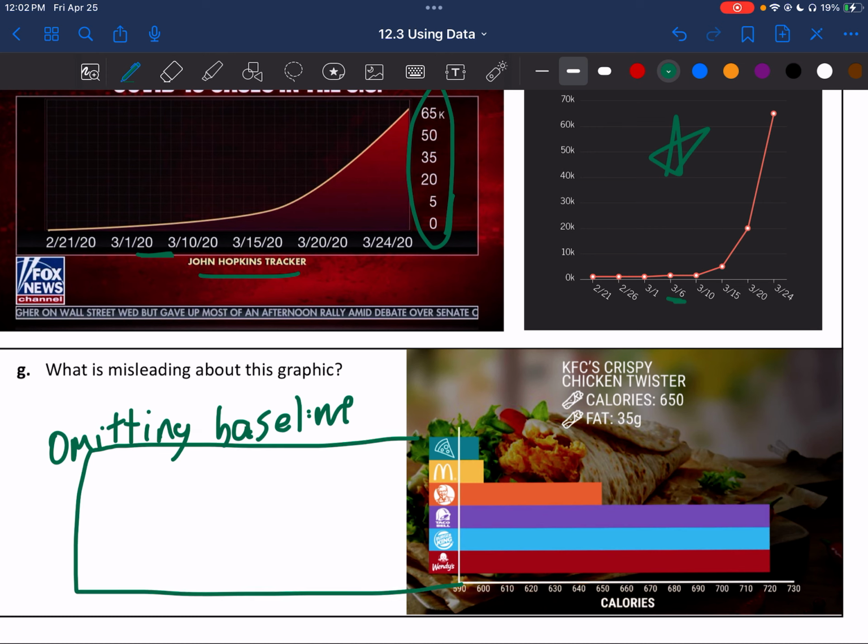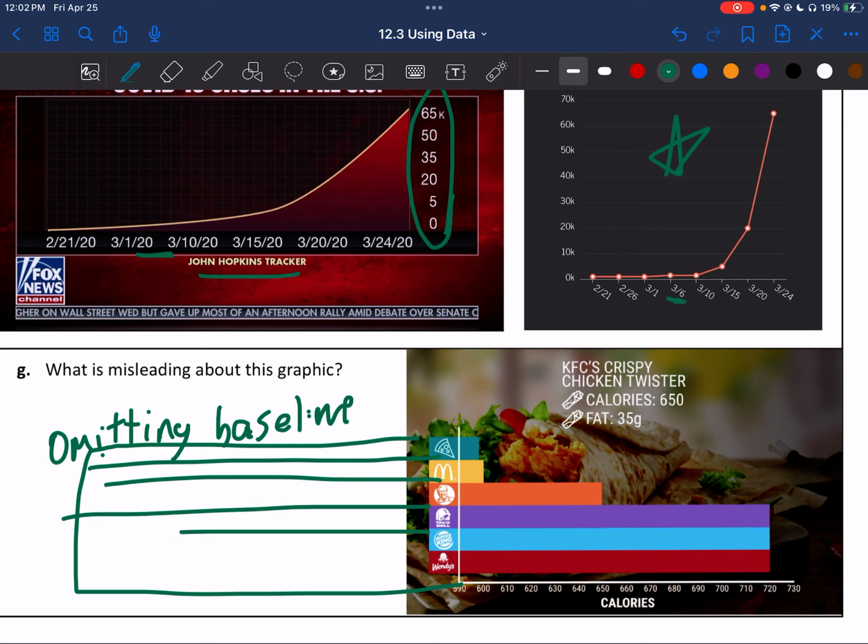And so now your data doesn't quite look all that different when you realize that you're ignoring the fact that there's 600 calories below this. And what I drew in there is even more so because that whole width of the graph is 120 calories.